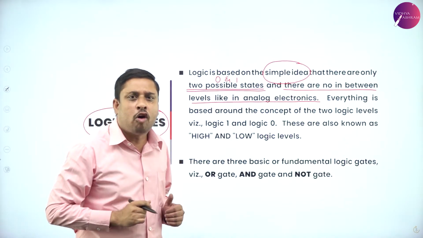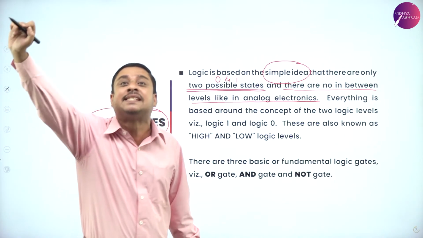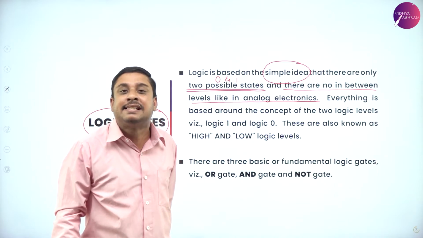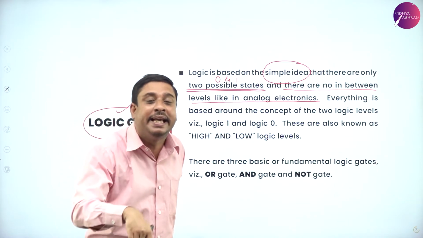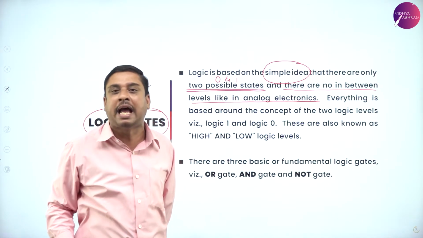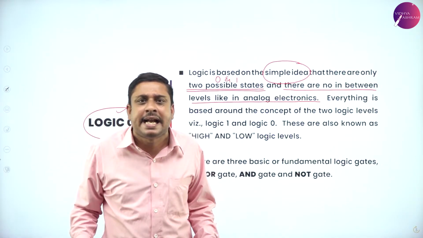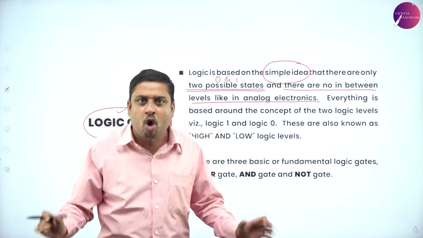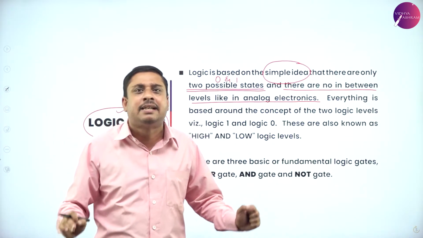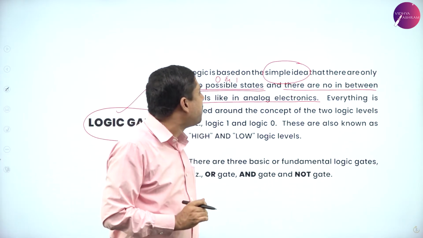In analog electronics, you can have metastable states. Metastable means something in between. But digital electronics will never allow that. Either data is represented through 0 or data is represented through 1. No metastable state.